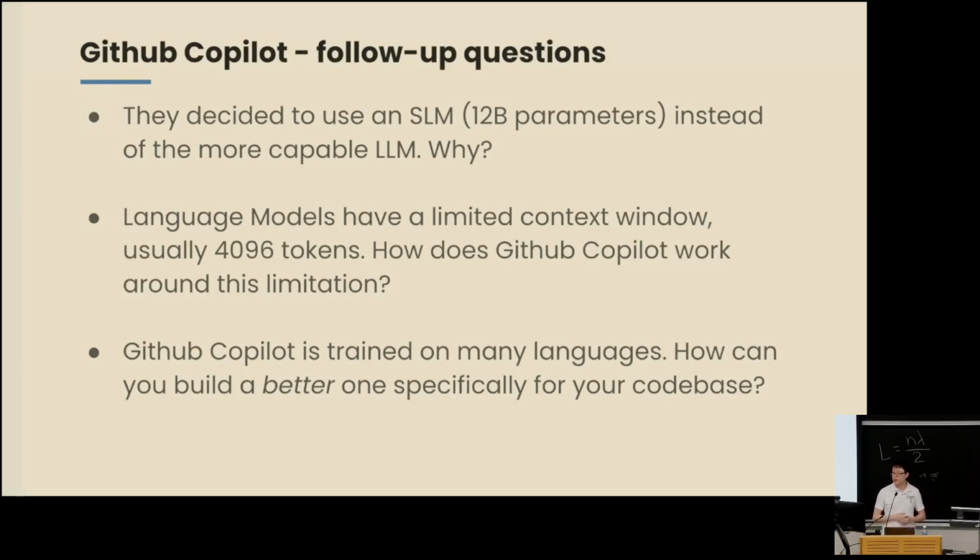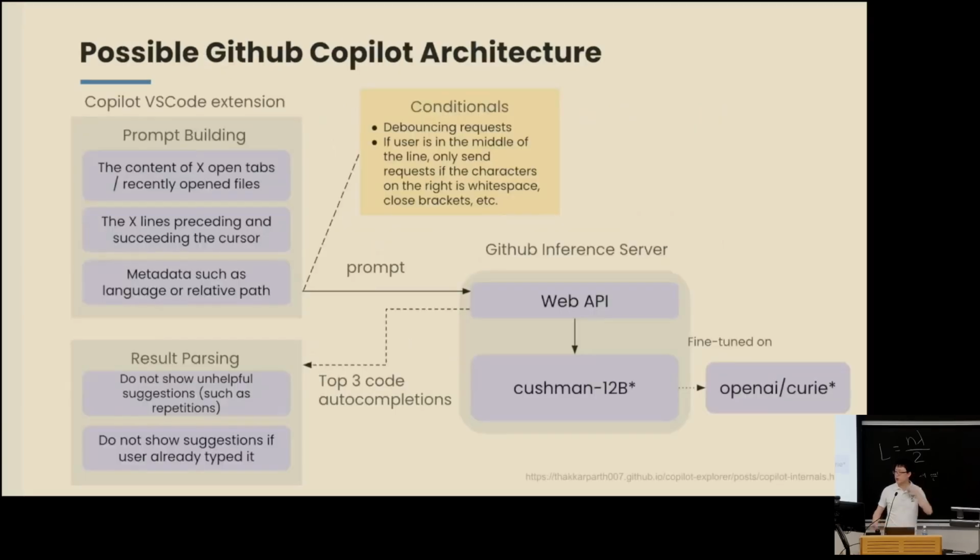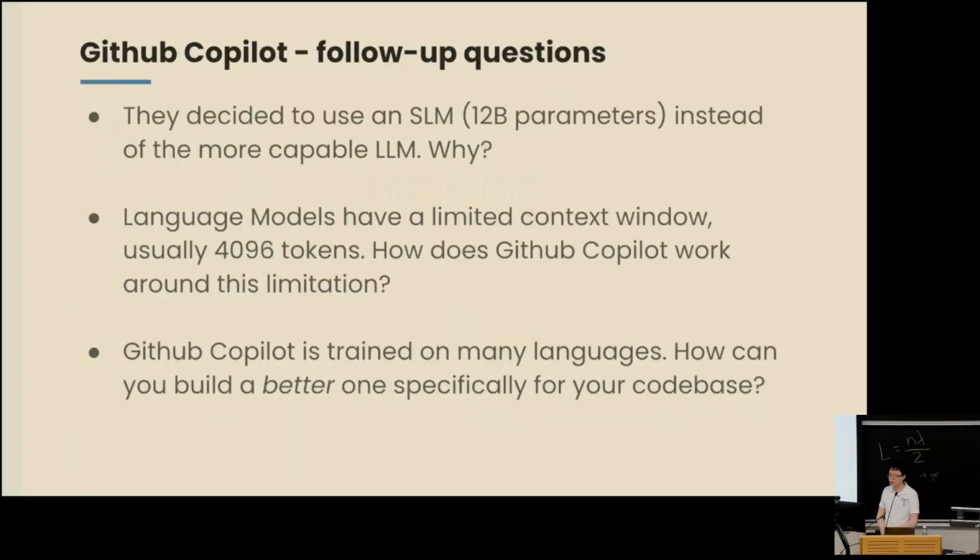My second question is, language models have a limited context window, and usually you can only pass in 4,000 tokens as the prompt. If you have 10 recently opened files and they're all 1,000 lines long, it's likely that it's not going to fit. How do you think GitHub Copilot works around this limitation? Doing it by parts. I think that's a very good guess. So let's say you have 3,000 lines that you've opened.